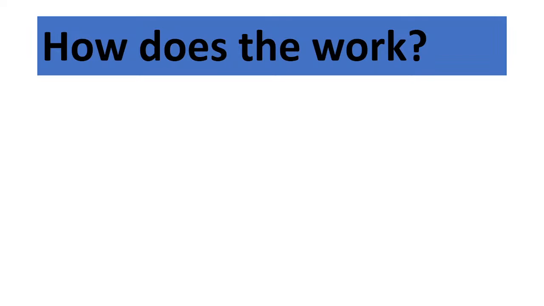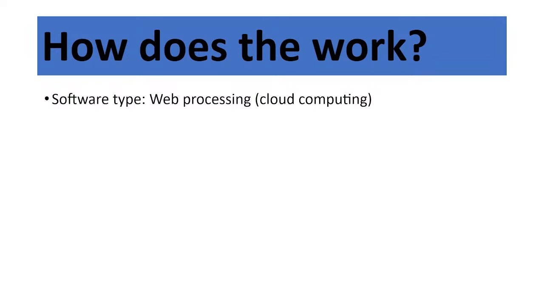And what is the software type of Google Earth Engine? The software type is mainly web processing or cloud computing. Cloud computing or cloud-based means it has its own server, so everything is controlled from the server. When you write any code, this code sends a message to the server, and we get the response from the server.